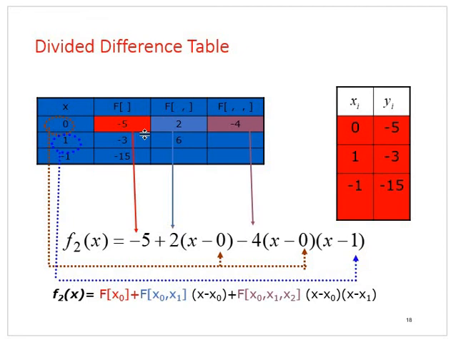Alright, so your divided difference table will be complete like that. Then from there, you can write down your polynomial. Your polynomial will be a second order divided difference polynomial, which is given by f of x equals minus 5, plus 2 times x minus 0, minus 4 times x minus 0 times x minus 1.